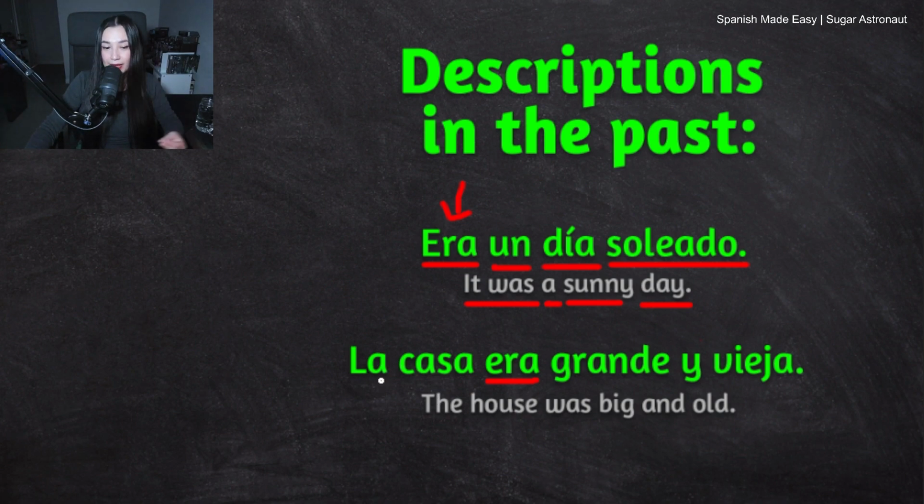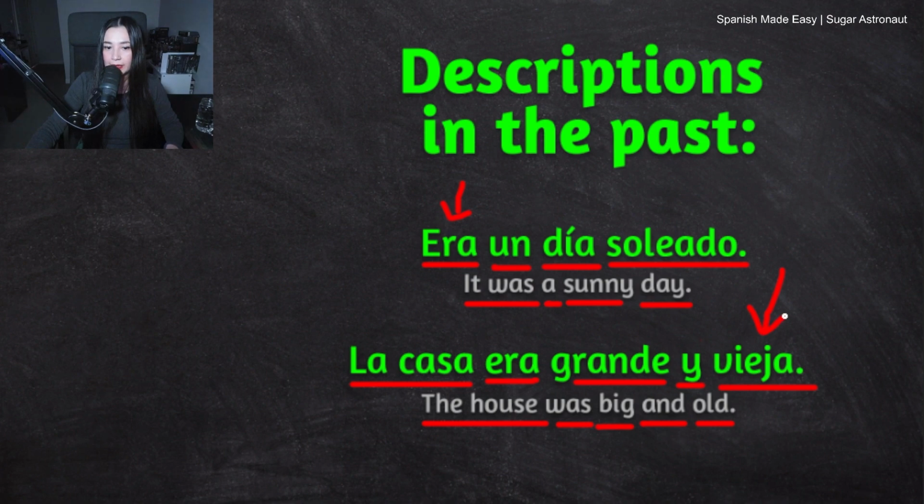We're describing how the house was. So, la casa means the house. Era was. Grande means big. Y and vieja. Old.